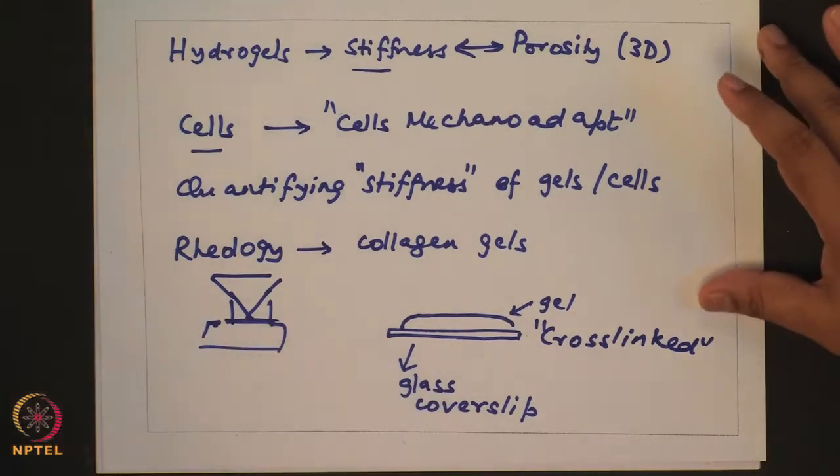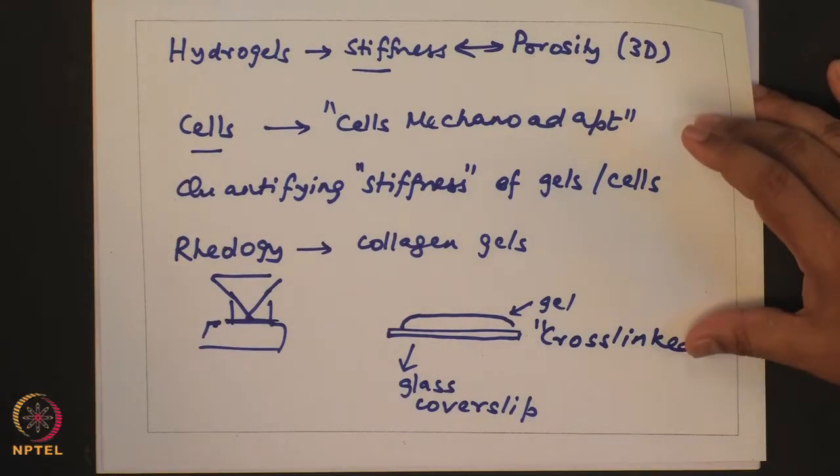So, what might be a different approach to quantify the properties of these? That is where the AFM comes in handy. We had previously discussed AFM, which can be used in multiple different ways.